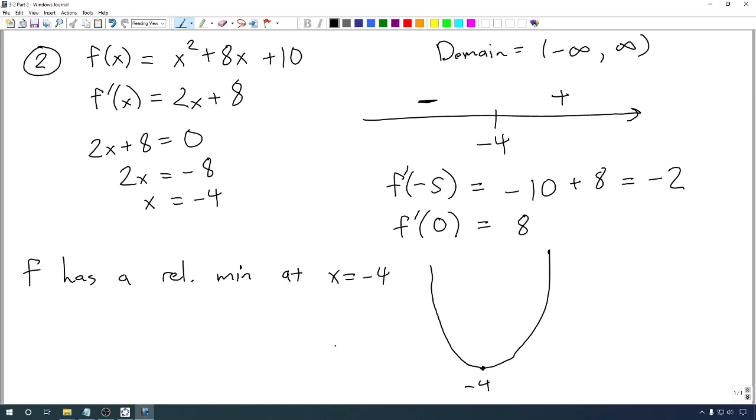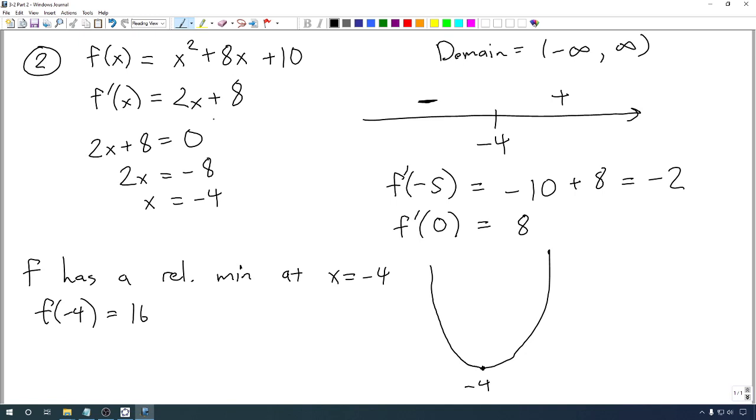Now, if we do want to identify what that minimum actually is, what we're going to have to do is take this -4 and plug it back into the original function, not the derivative here. The derivative is just going to give us 0 because that's how we found the -4. We want to know what the value of the function is. So f of -4, so we have -4 squared is a positive 16.